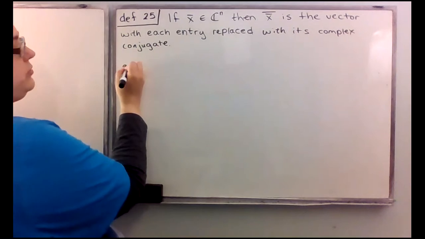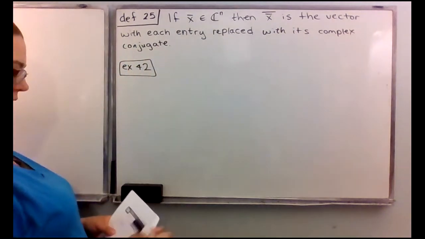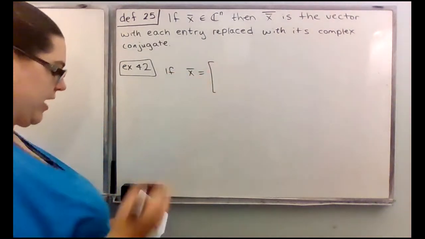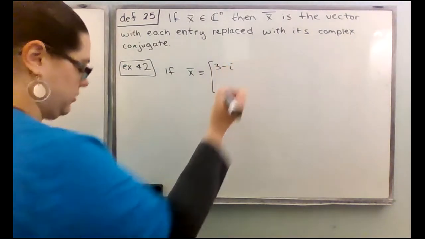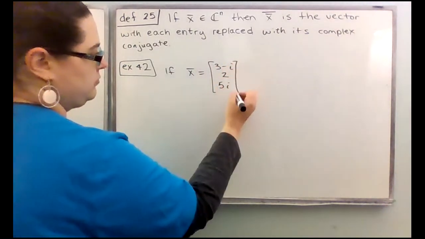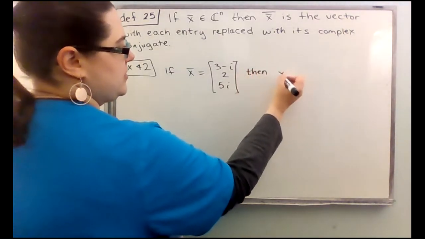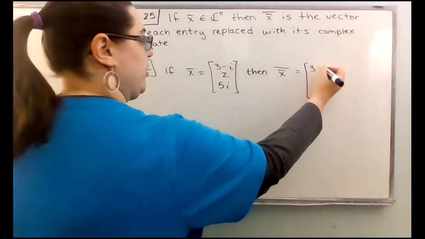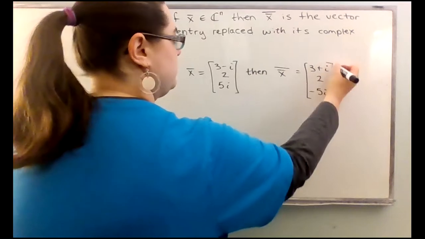So for example, so we can see what one of these things looks like, if X is a 3x1 vector, we've got 3 minus i, 2, and 5i, then its conjugate is going to be 3 plus i, 2, and negative 5i.